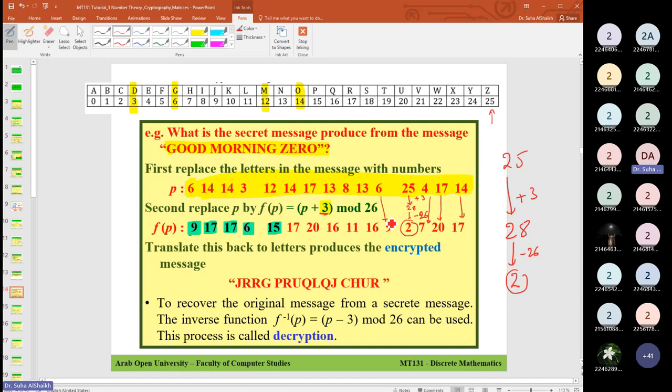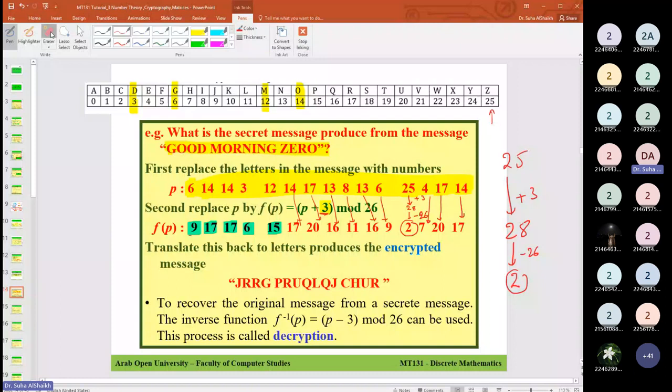All the other numbers go normally except 25, which exceeds the limit, so we have to subtract 26 to find the remainder of division by 26. You get the idea?